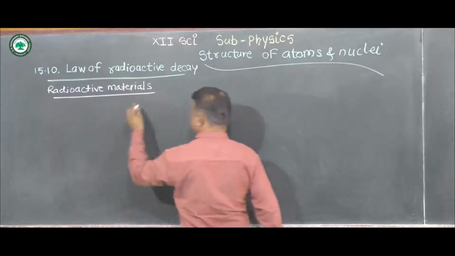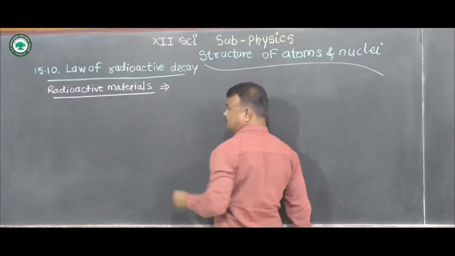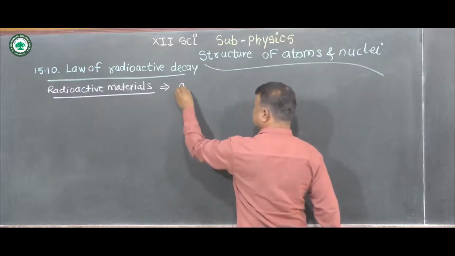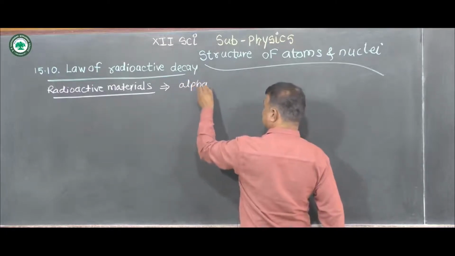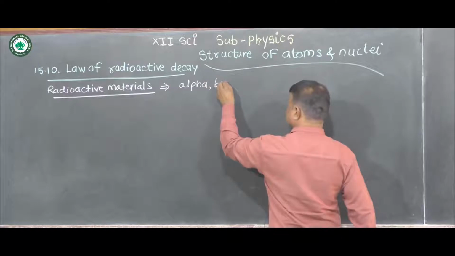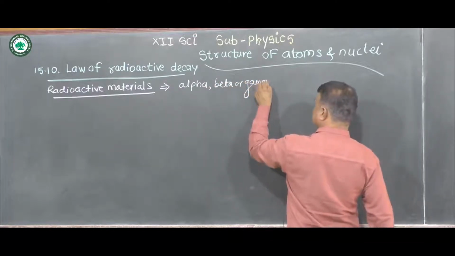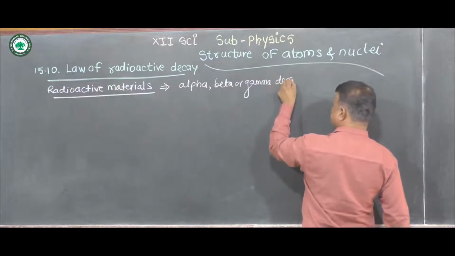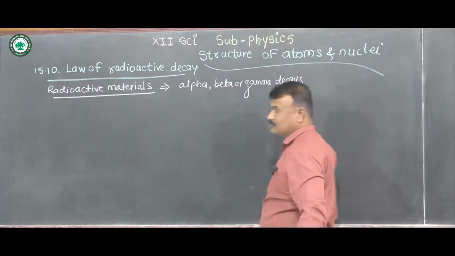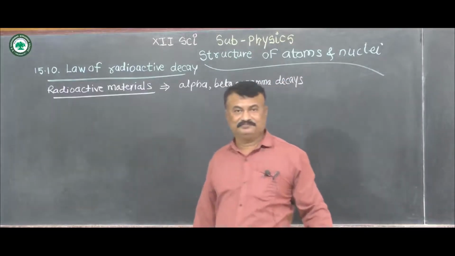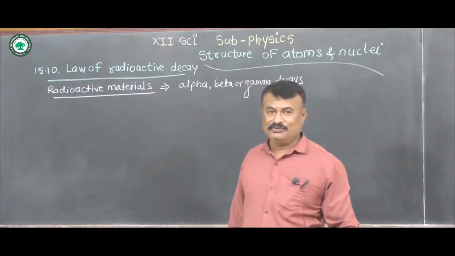Materials that undergo alpha, beta or gamma decays. Such materials are called radioactive materials.